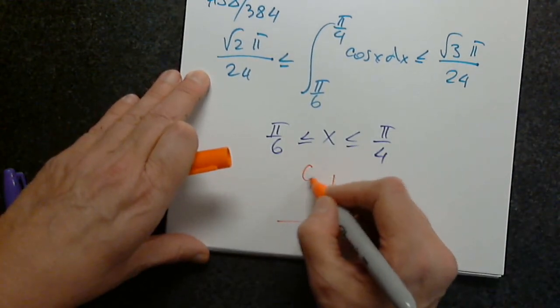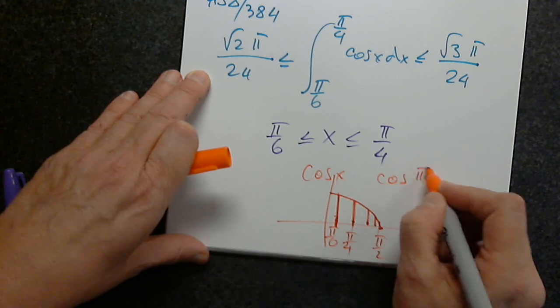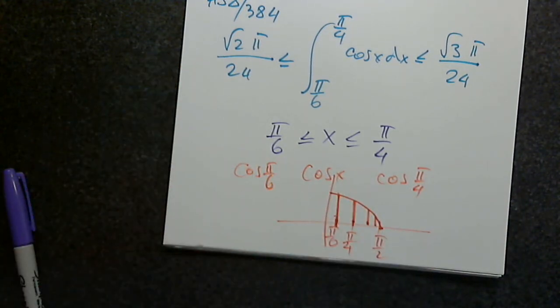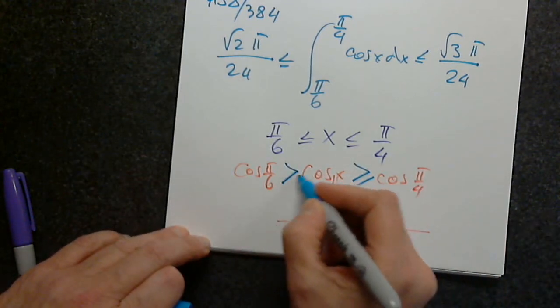So applying cosine, since it is a decreasing function, it changes the inequality symbols to the reverse, because cosine pi over 4 is smaller than cosine pi over 6. So I can no longer copy this because cosine is a decreasing function. I have to copy this. That's why I kept going back to the function and showing you the function.